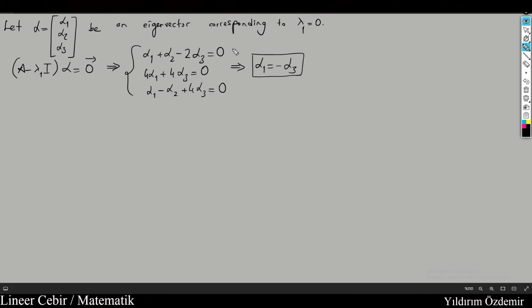Let's put in the first equation, instead of alpha 1, minus alpha 3. So this implies that alpha 2 is equal to 3 alpha 3.